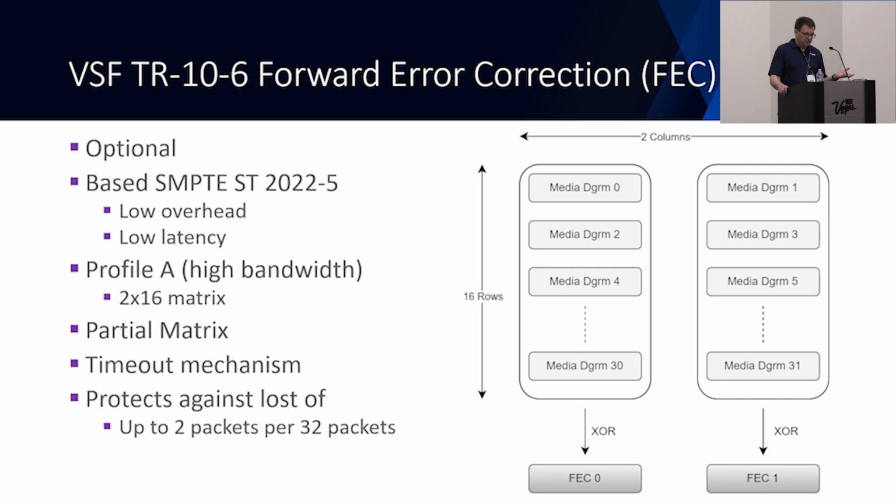You can still use redundancy, but if you don't want to, forward error correction is there for you. It can protect against 2 packet losses per 32 packets, about 6% of packet loss. There is a profile for high bandwidth, like video, and one for lower bandwidth, like audio signal.